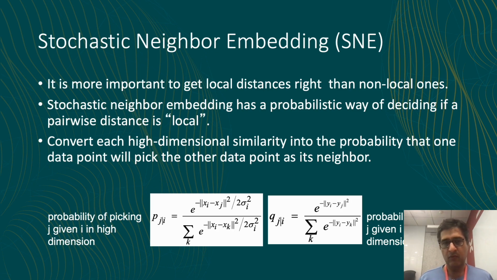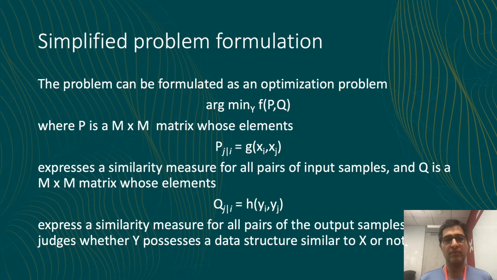Now what you want to do is make sure that you are picking your x's and y's in such a manner that this property is maintained, that if I and j had small local distances in the higher dimensional space, they are overall maintained even in the lower dimensional space. So look at it from this point of view.